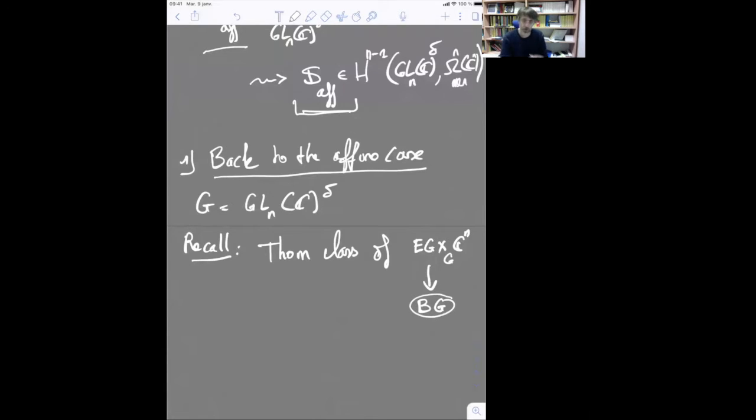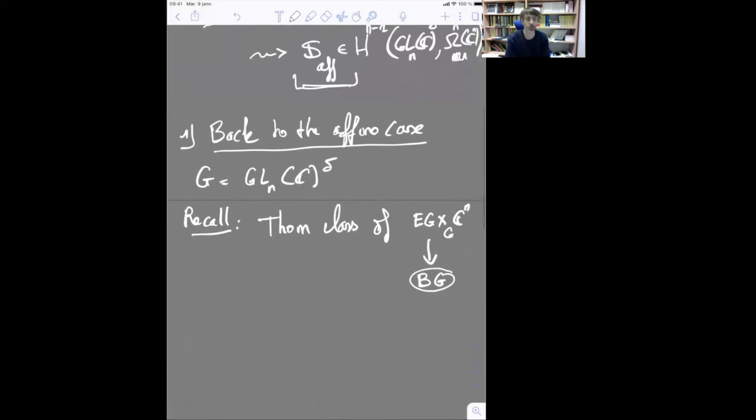I won't give much detail to this, but just to add some flesh to this statement, I want to say that there is some kind of de Rham theory in this setting.